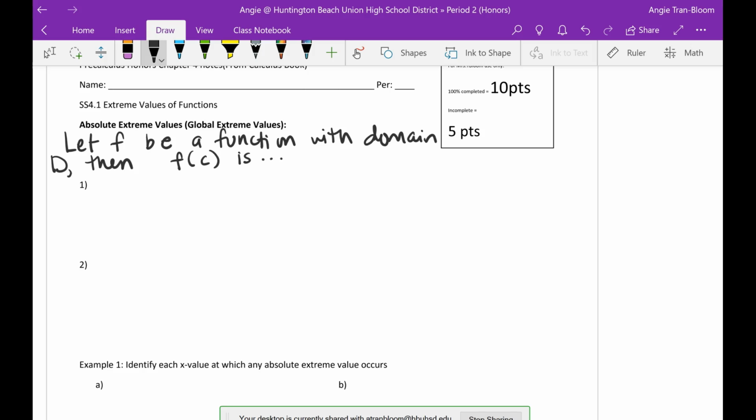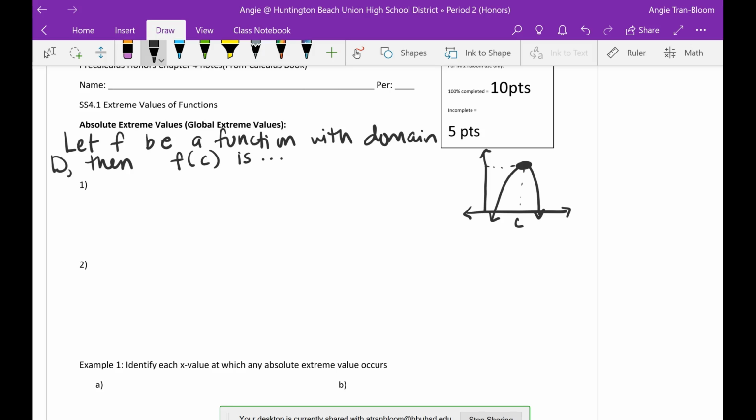Let's remind ourselves really quickly. If I give you this graph that goes down forever, let's call this point C. What do we call this point on the top? So let's revert back to high and low.